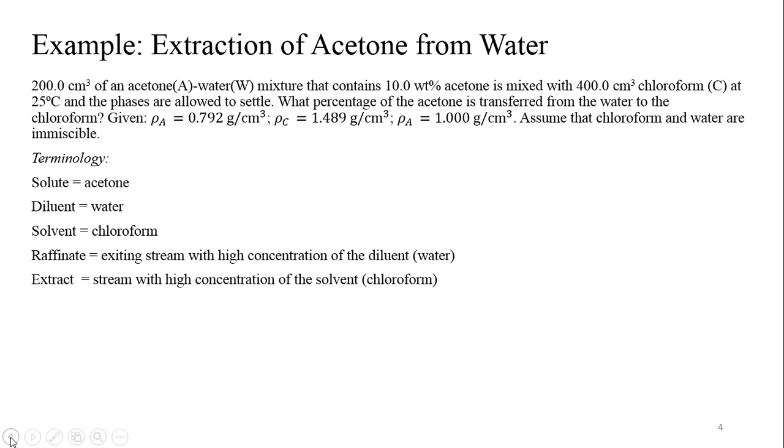So the raffinate is a stream that has a high concentration of the diluent in it. The extract stream has a high concentration of the solvent. So we're essentially moving the solute from the diluent stream to the solvent stream. That's what we want to do. That's our terminology, right? They're all liquids in this case, but that's the terminology that we're going to use.